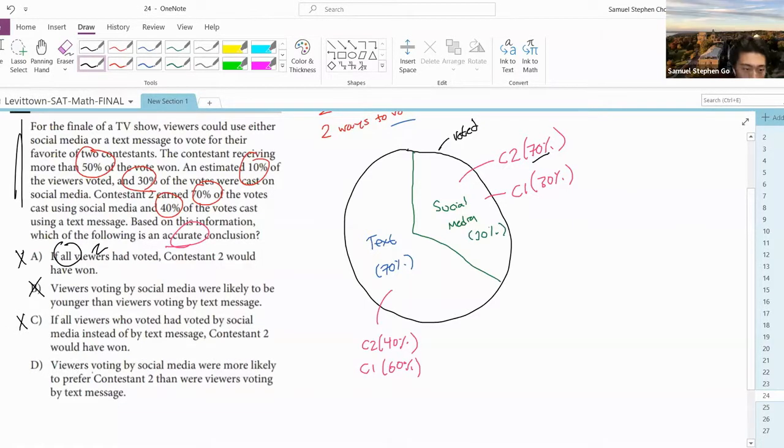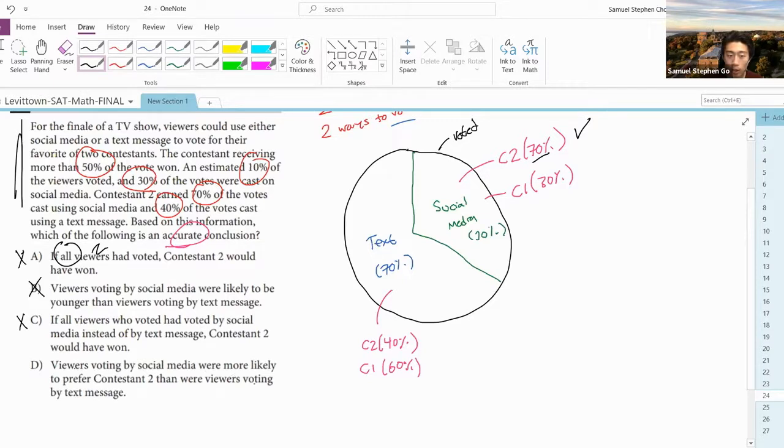Last one, choice D: viewers voting by social media were more likely to prefer contestant 2 than were viewers voting by text message. Ooh, this is interesting because viewers voting by social media, that's this green portion, were more likely to prefer contestant 2. That's true, right? Everyone who voted by social media, 70% of them voted for contestant 2.